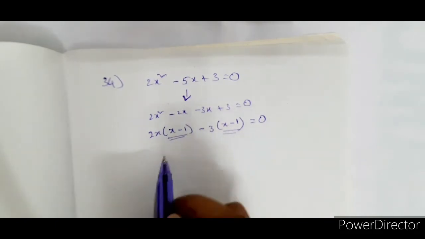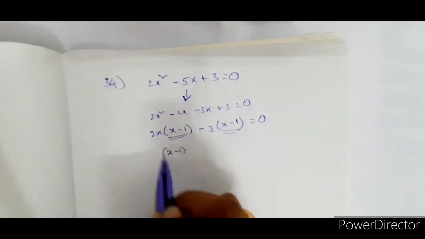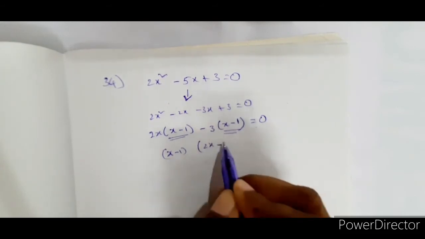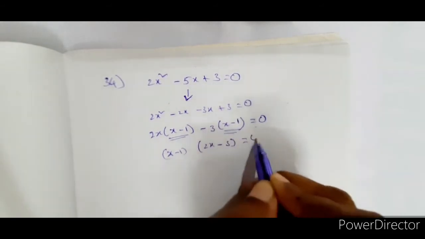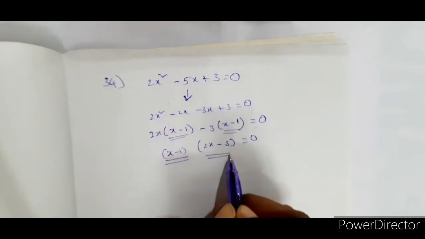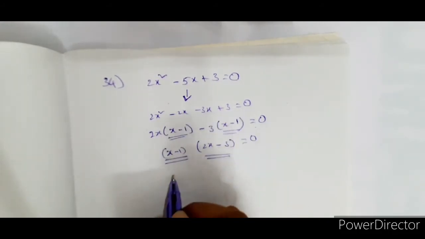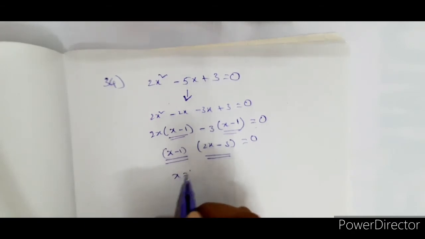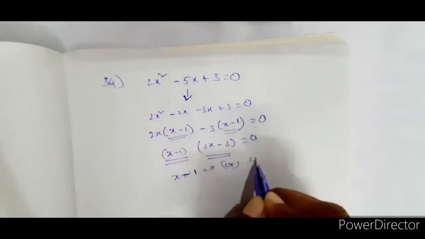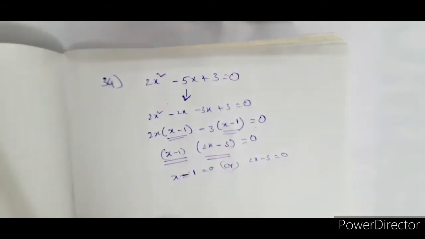Okay, so now you take x minus 1 common in both the terms. So x minus 1, in the first term you are left with 2x, in the second term you are left with minus 3, which is equal to 0. What does that mean? This is equal to 0 or this whole thing is 0. That means x minus 1 is equal to 0 or 2x minus 3 is equal to 0.